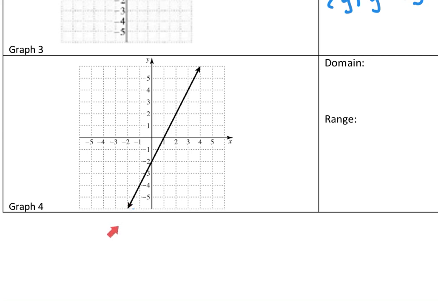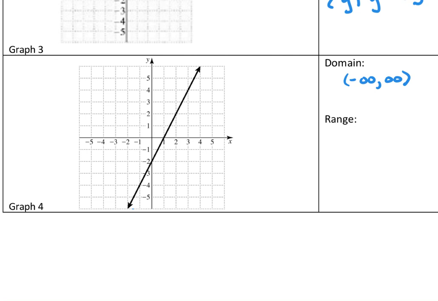This goes forever to the left, so our domain goes from -infinity. And if we go to the right, notice we have another arrow up here on the top, which means that this graph goes forever to the right. We want parentheses around both of our infinities, and that's your domain.